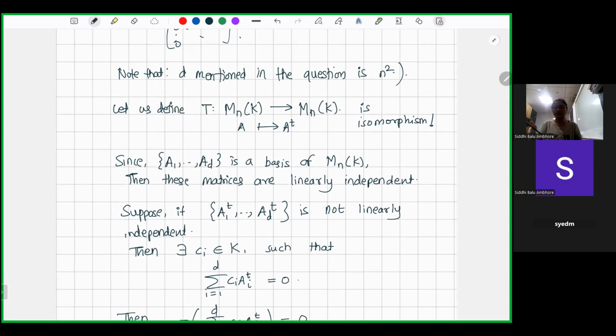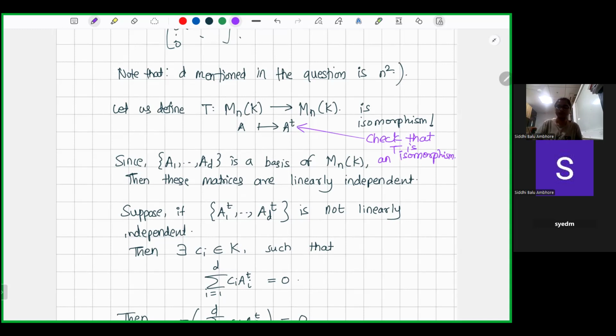I mean, we can spend time doing this, but check that T is an isomorphism. It is easy to check, because if something is mapped to 0, it means all the entries will be 0.